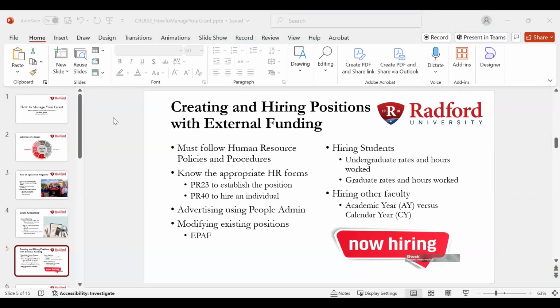It depends on the student's expertise, but the baseline rate for the undergraduate student is $15 an hour. And then the hours worked is still in accordance with the university's policies or procedures.